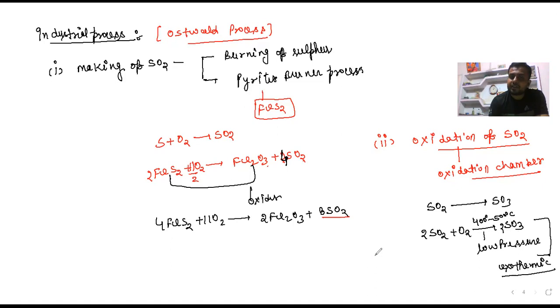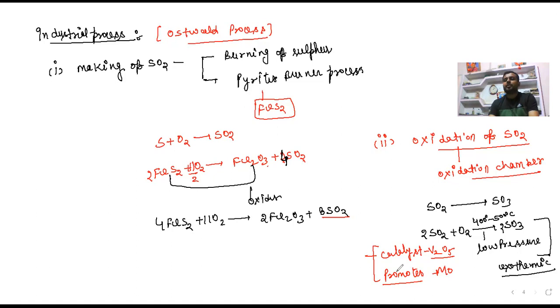The next is the catalyst required for this process, which is V2O5, and the promoter is molybdenum. Two more things are required, that is catalyst and promoter. You know what a catalyst does? A catalyst just increases the rate of the reaction, isn't it?